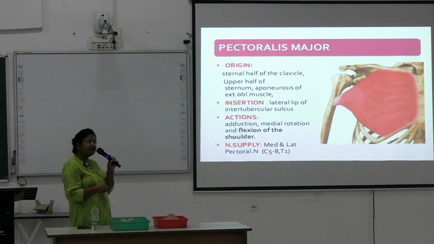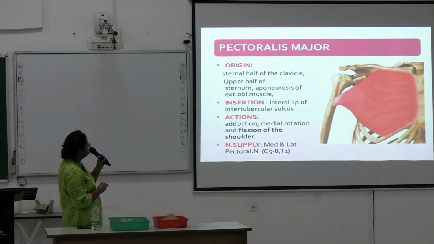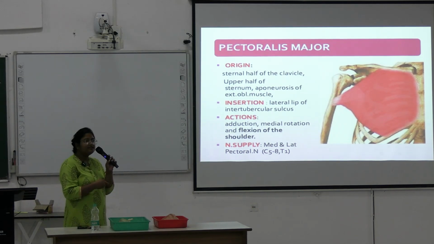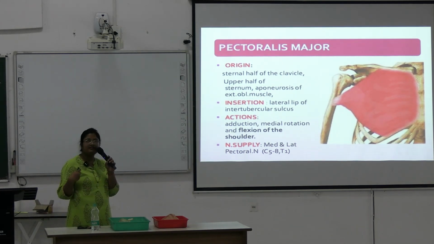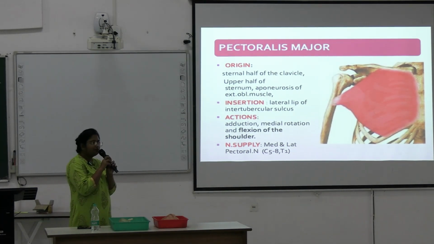External oblique was originating from those ribs, so the aponeurosis is also lying here. So this muscle also originates from the aponeurosis of the external oblique, which is one flat muscle of the abdomen.